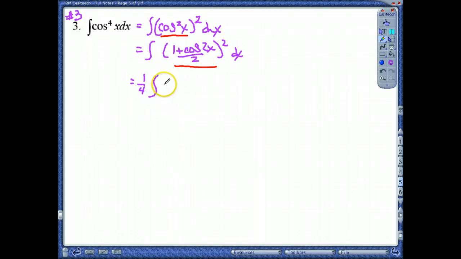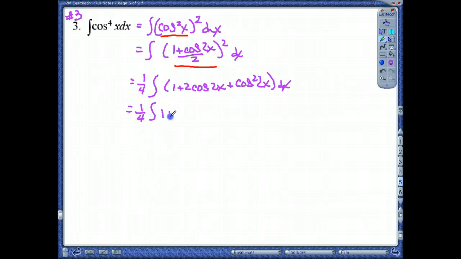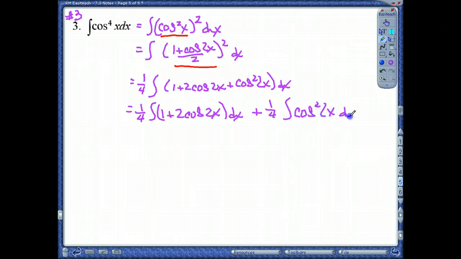So now I just have my 1 plus 2 cosine of 2x plus cosine squared 2x. And then everything here looks pretty good. I've got my 1 plus 2 cosine of 2x. I'm going to split this integral up into 2 separate integrals, because I need to do that little trick again.